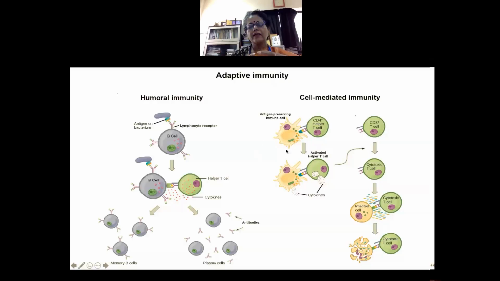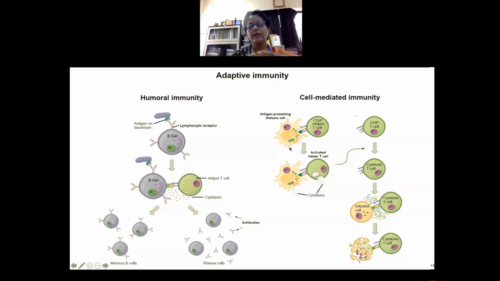So the helper T cells, at the same time helper one, will stimulate, and this leads to the memory cells.